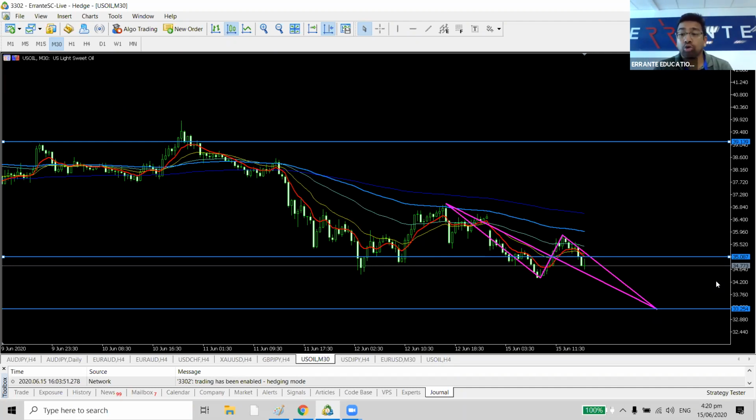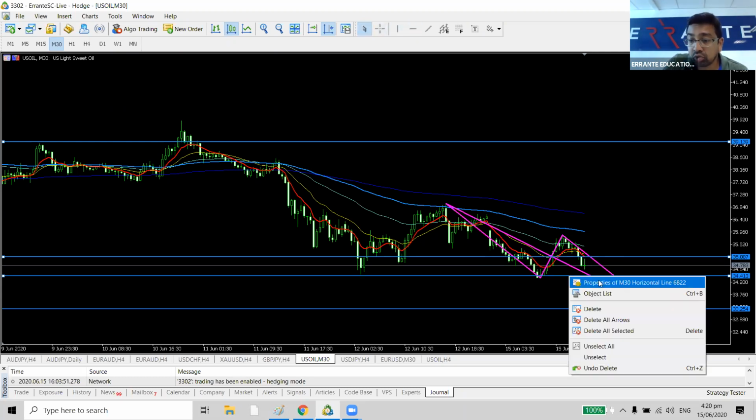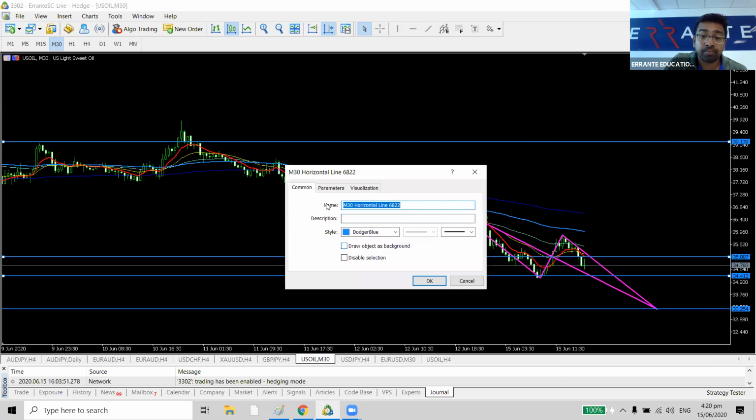35.00 is a psychological number, but then you also have 34.90. You could have sold there, but now because it is only at 34.78, 34.70 is another level that you can actually sell. 34.70, I'll put it as a red line and we can watch it ourselves.